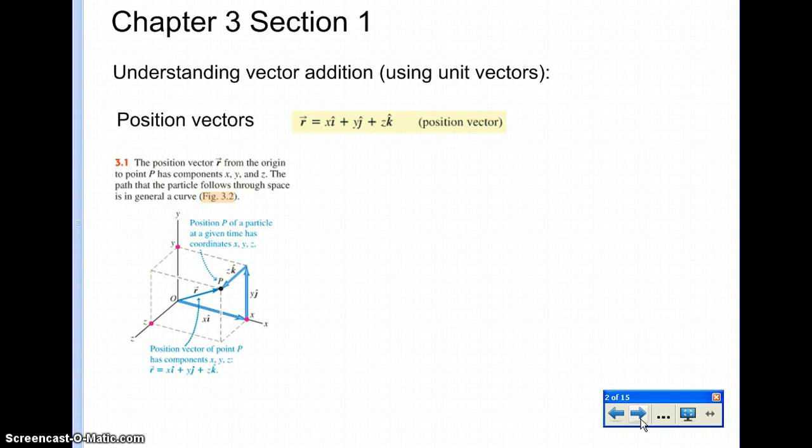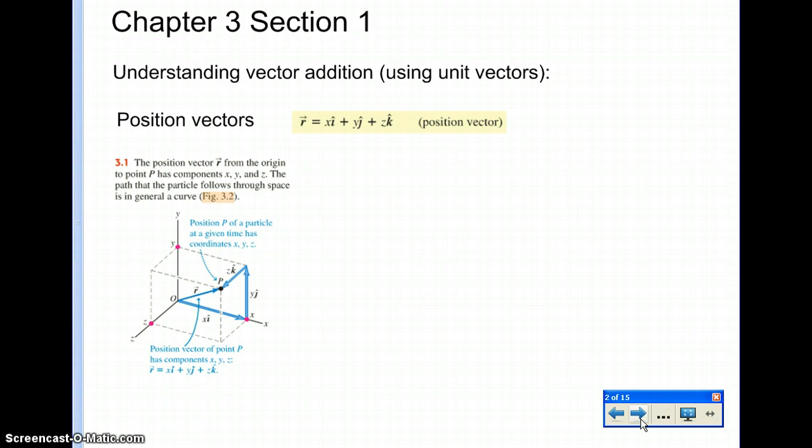When you're asked to add those vectors together, you break each vector into its components. You say, all right, of the 5 kilometers at 30 degrees, how much of it was actually east and how much of it was north?